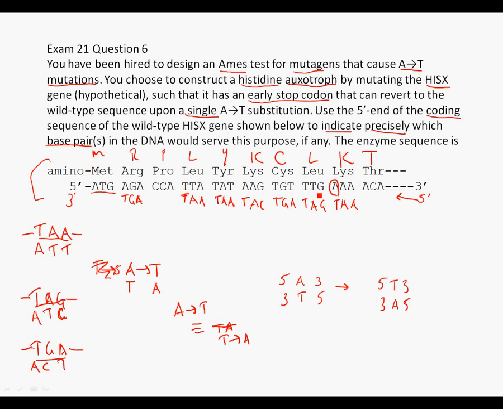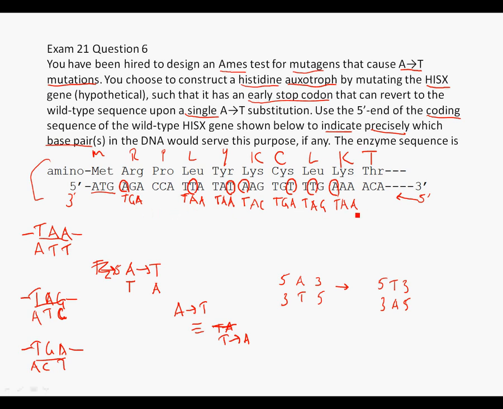If this T were changed to an A, there would be a stop codon. If this A were changed to a T, there'd be a stop codon. If this T were changed to an A, there'd be a stop codon. So all of these places, I can change the A to a T or a T to an A.